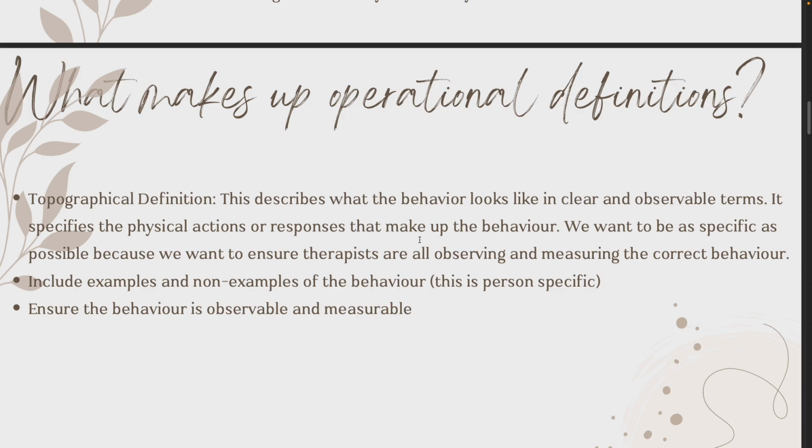Or if they're pretending or playing charades and they were supposed to do these things, right? So this way we're not seeing kicking frequency so high for things that this learner was supposed to be doing, right? Which is the importance of examples and non-examples, okay? And again, as a reminder, we're ensuring that the behavior is observable and measurable.